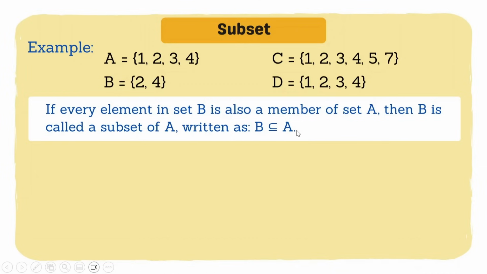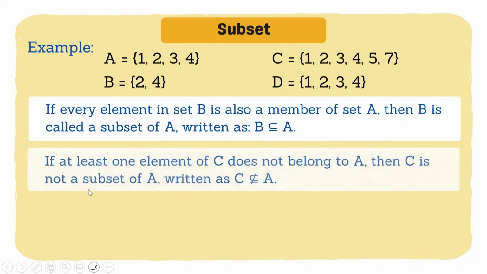So, tignan po natin yung ating set B. Lahat ba ng elements ni set B ay nasa elements ni set A? Yes, nandito po si 2, nandito rin po si 4. Therefore, B is a subset of A. Ganito po yung pagkakasulat natin.